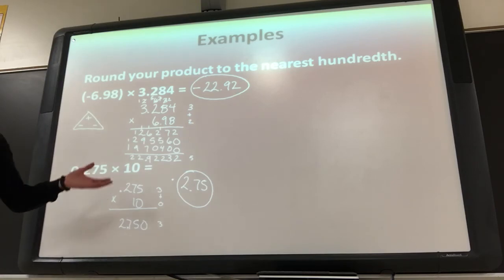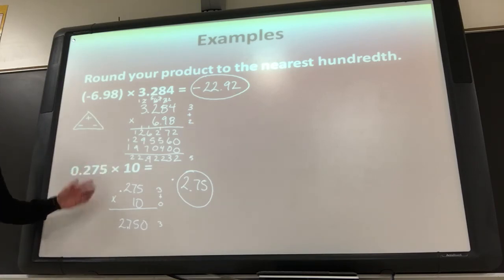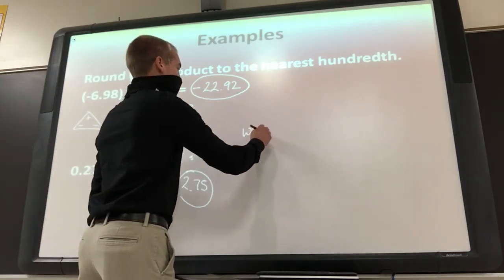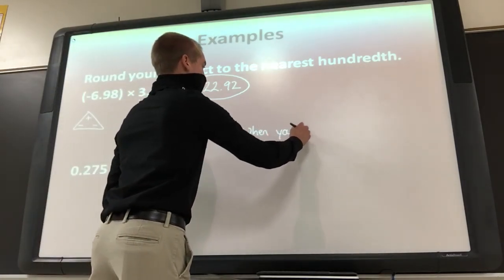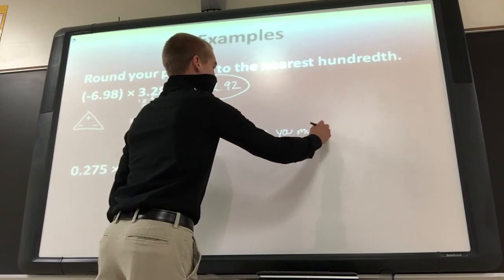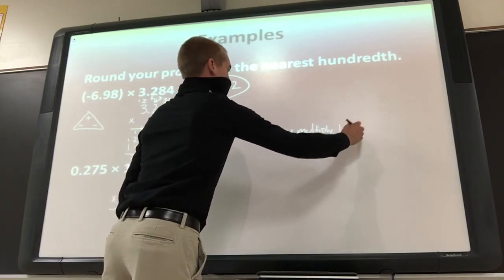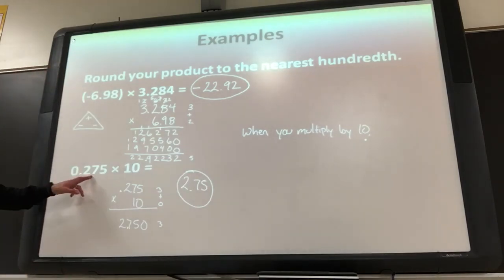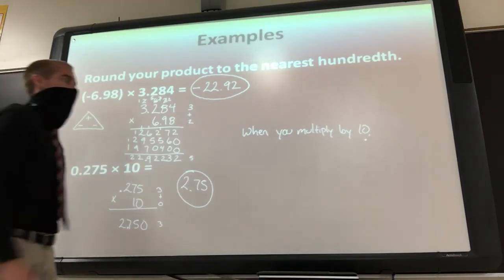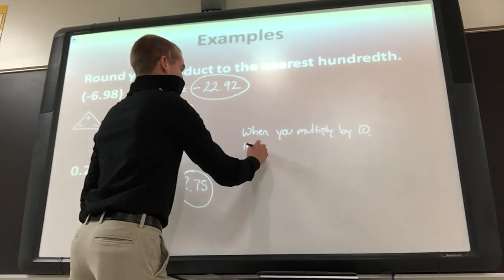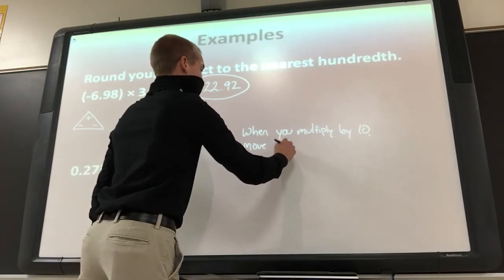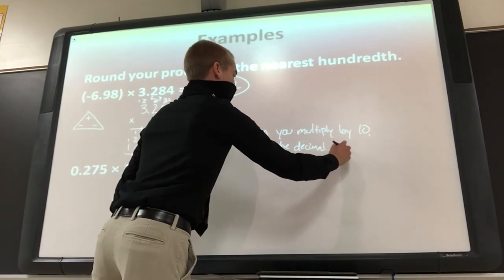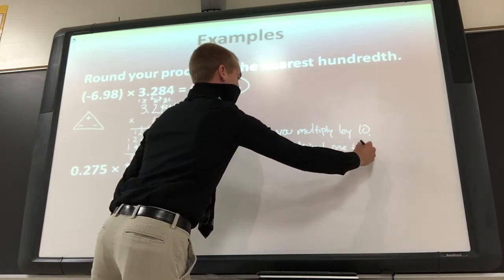So one little shortcut that maybe you saw is when you multiply by 10, all you have to do is move the decimal point 1 time to the right.